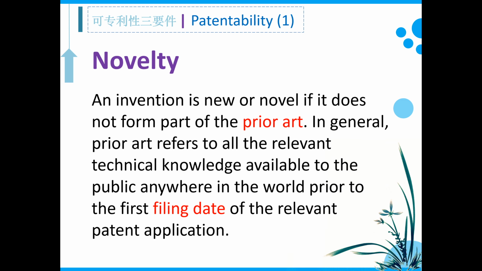So what is prior art? Here, prior art as a very specific term used in patent law refers to all relevant technical knowledge available to the public anywhere in the world prior to the first filing date of the relevant patent application.